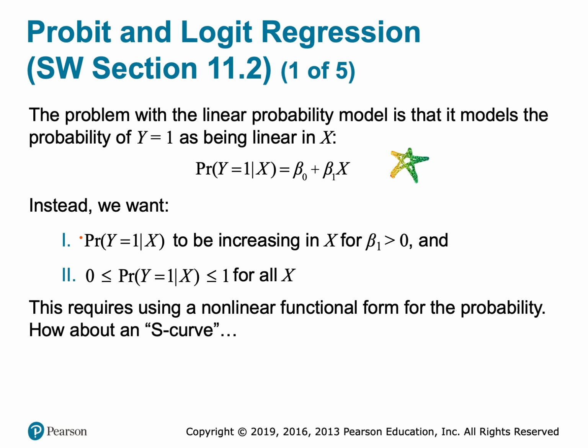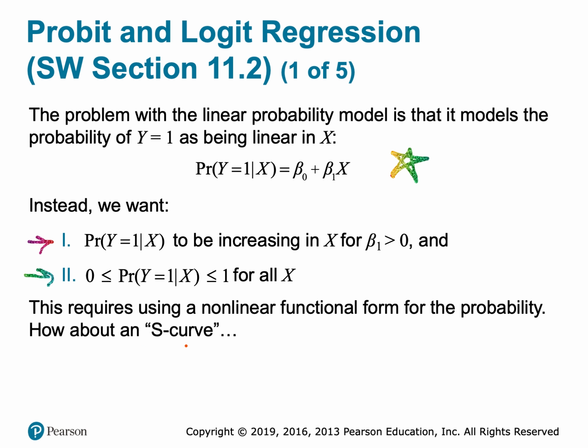Instead, what we want ideally is for our probability of y equals 1 given x to be increasing in x for positive values of the coefficients, and for the predicted probabilities to be between 0 and 1 for the domain of x.